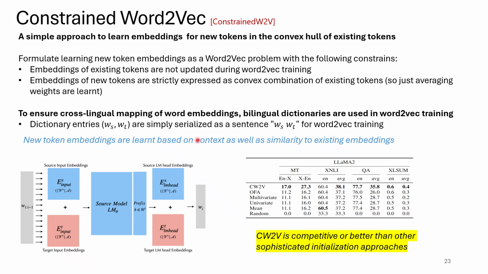You need to learn token embeddings, and you learn this in a word2vec style, which means you do this skip-gram training that you typically do in word2vec. However, with the following constraints. One, the embeddings of the existing tokens are not updated during word2vec training. And two, embeddings of the new tokens are strictly expressed as a convex combination of existing tokens.